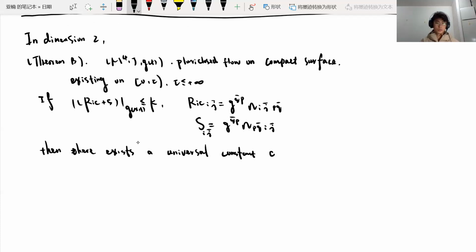Then we can find a universal constant such that the norm of the torsion is bounded by the Ricci curvature or the initial data.